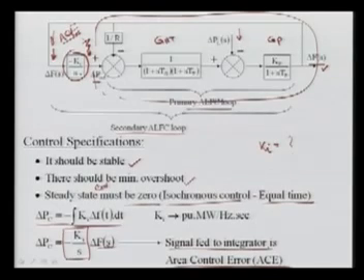From here, we can relate the change in frequency: ΔF(s) is nothing but Gp times (ΔPT minus ΔPL). I have removed s here, but no doubt these are in the Laplace domain.